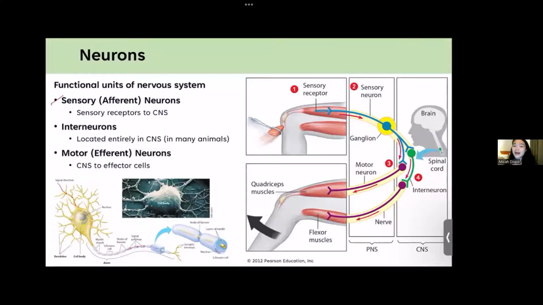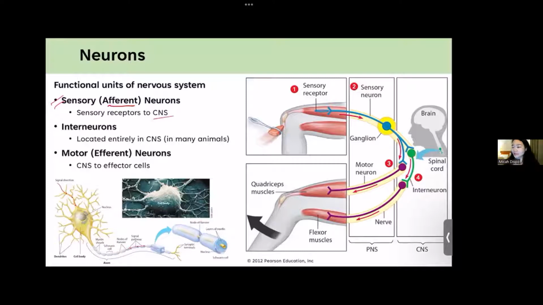One, we have our sensory or afferent neurons that convey information from your sensory receptors to your central nervous system. Okay, sensory receptors to CNS, so that is your sensory or afferent neurons.